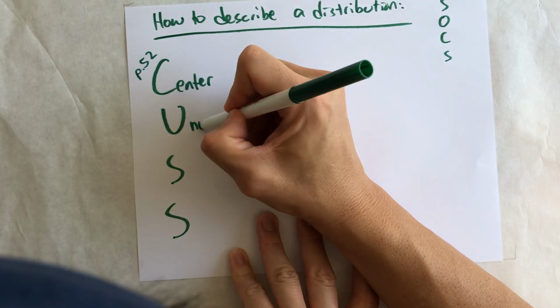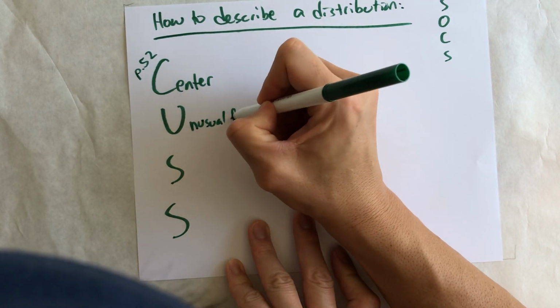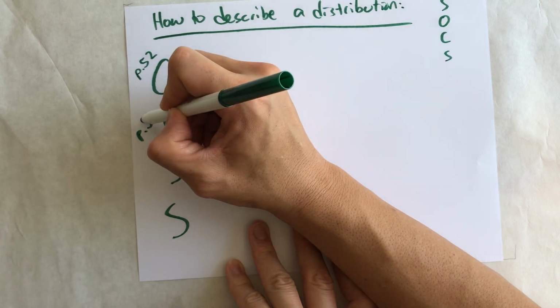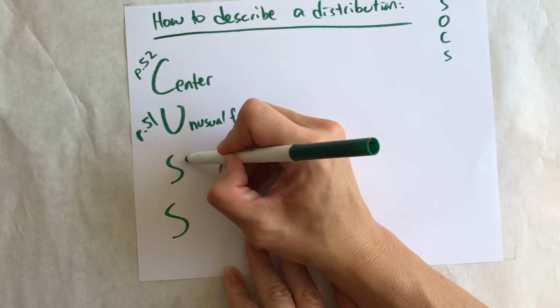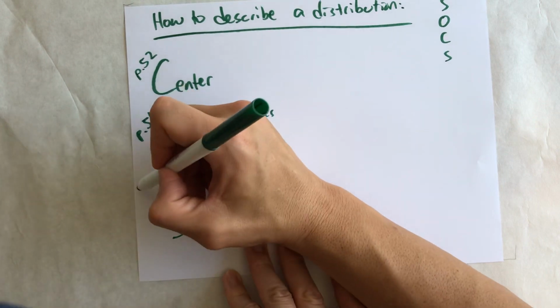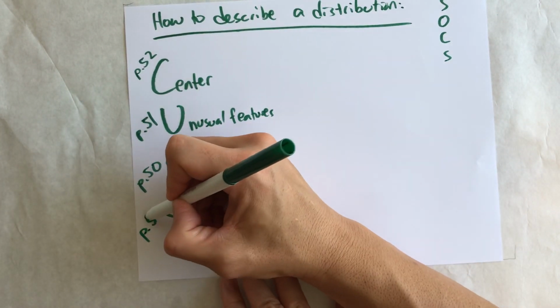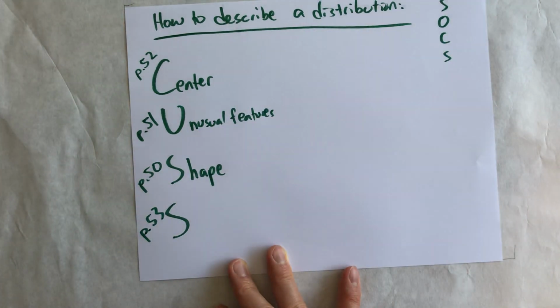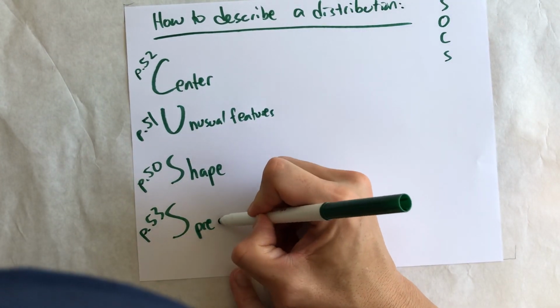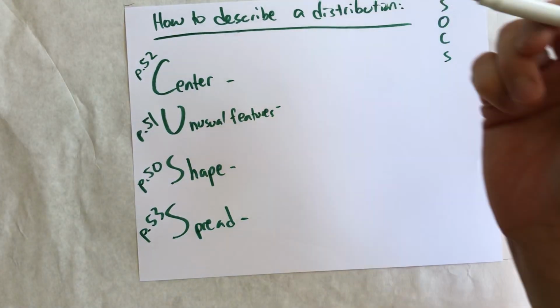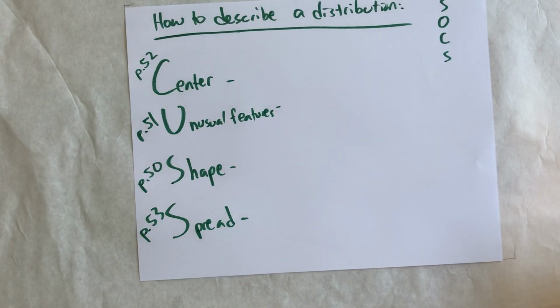The U stands for unusual features. It's on page 51. And then S stands for shape. It's on page 50. And page 53, can you guess what the last S stands for? Spread. Okay. Center, unusual features, shape, and spread.